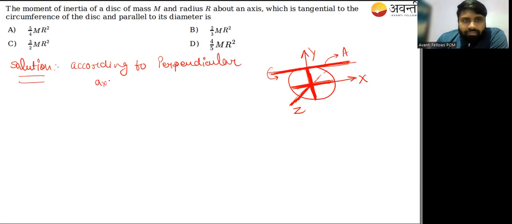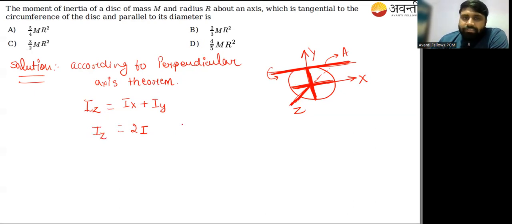Perpendicular axis theorem. So according to the perpendicular axis theorem, Iz is given by Ix plus Iy. Now, we know that Ix and Iy are the same because of the symmetry. So we can say that Iz is 2 times I. Now, about Iz we know the moment of inertia of a disk.